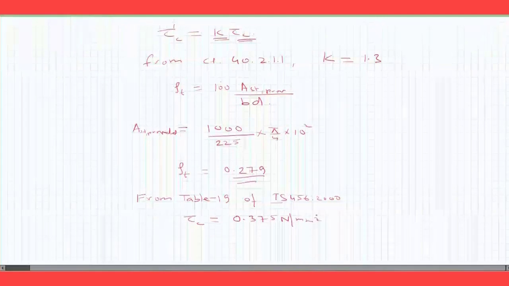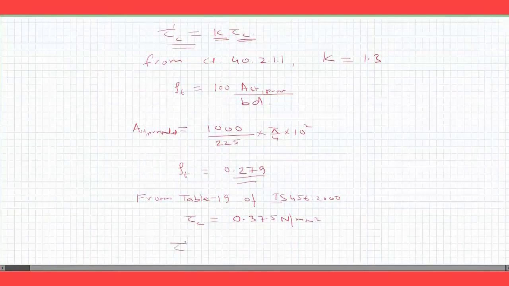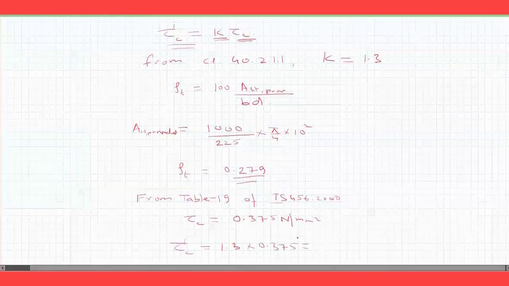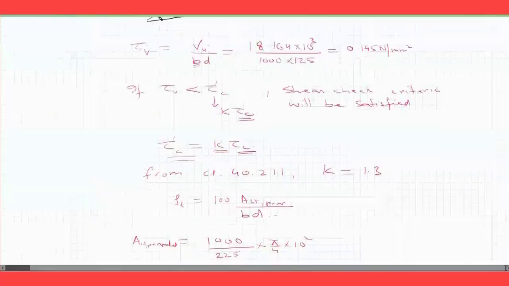Newton per millimeter square. So what will be tau dash c, the shear strength of concrete for the slab? It will be k, 1.3, into 0.375. Once you do this, you will get the value as 0.487 Newton per millimeter square. You can see that your tau v is 0.145.